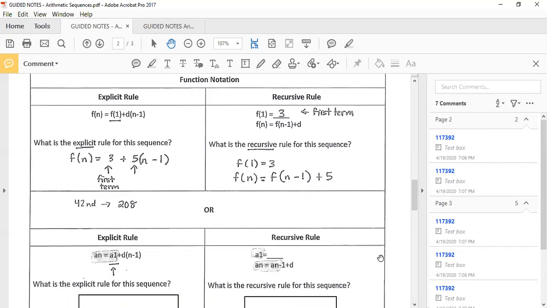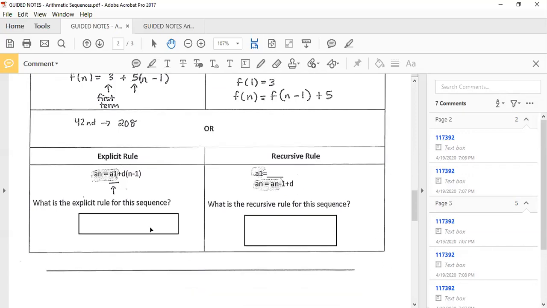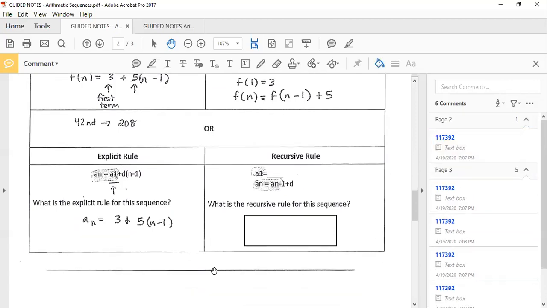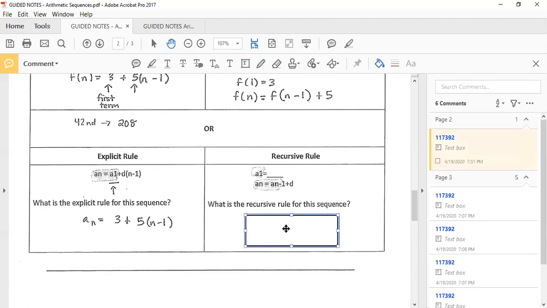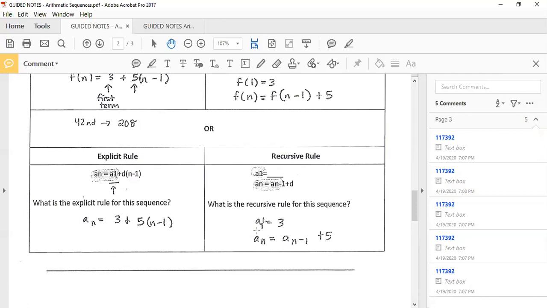That's recursive rules, okay? So again, the recursive rule in the sequence, sometimes we write it like a sub n is 3 plus 5 times n minus 1. Same thing here. Instead of saying f of 1, we'd say a sub 1 is equal to 3.